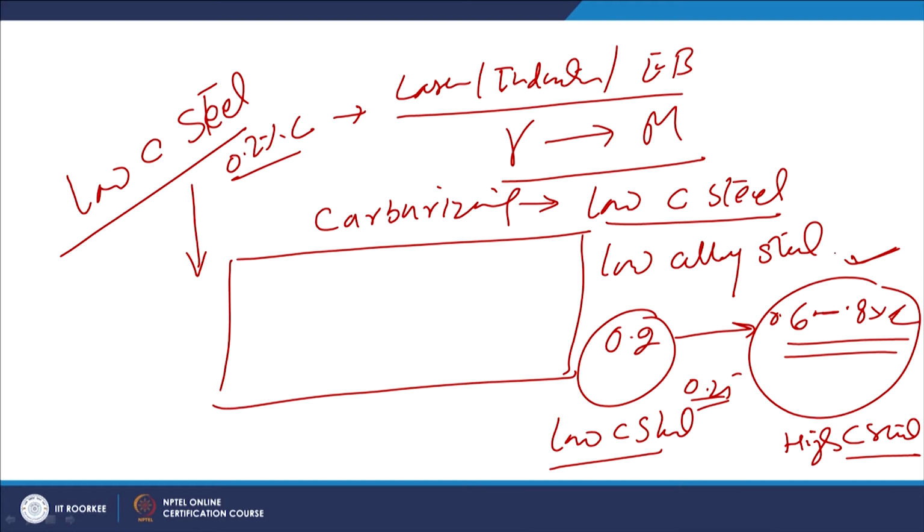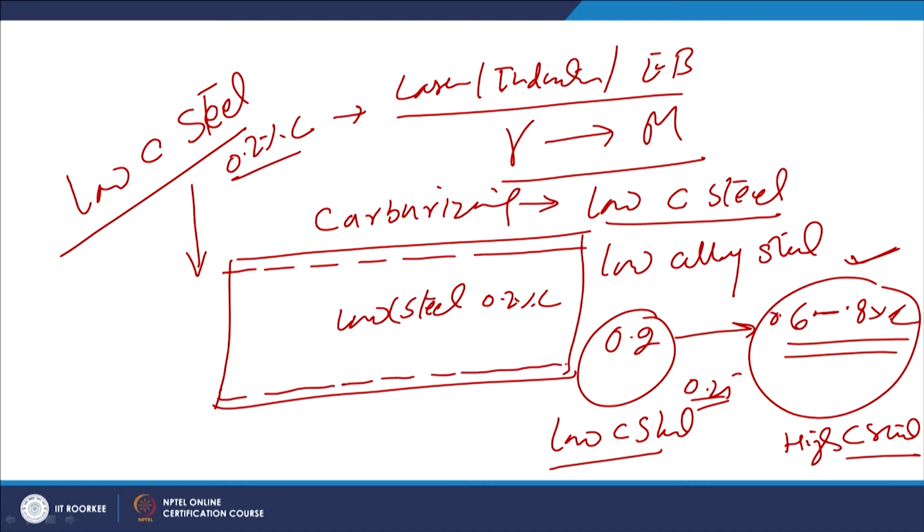So, the increase in carbon content of the surface layers: if this is the component of low carbon steel having 0.2% carbon in the core, the near surface layers of the component are subjected to carburizing with the increase of carbon content up to 0.6 to 0.8%.